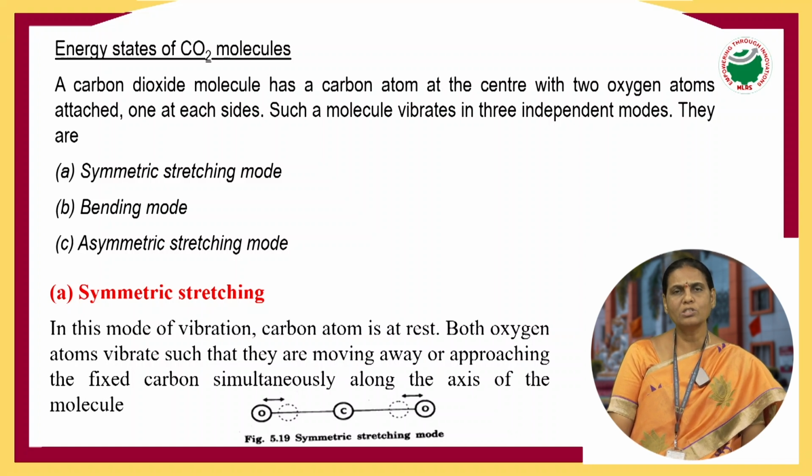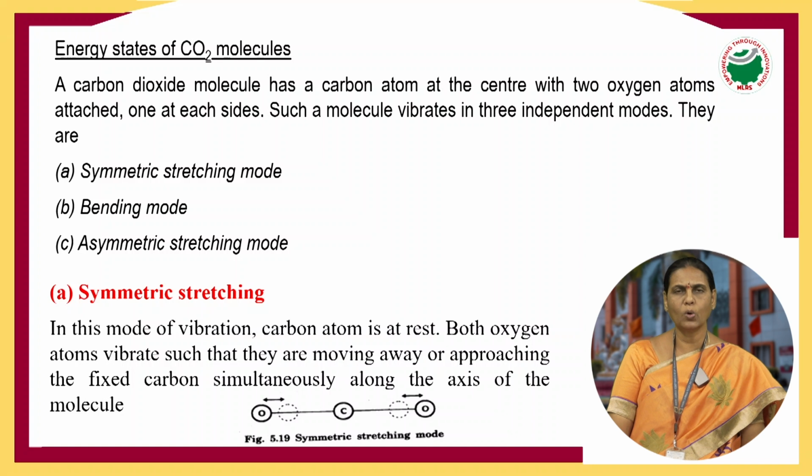The 3 different modes of vibration are, one is called the symmetric stretching mode, that is all the molecule is symmetric. You know the meaning of symmetric, that is all points moving on a single plane. So here also the same thing, the carbon atom and the two oxygen atoms will be moving on a single plane. That we call a symmetric stretching mode.